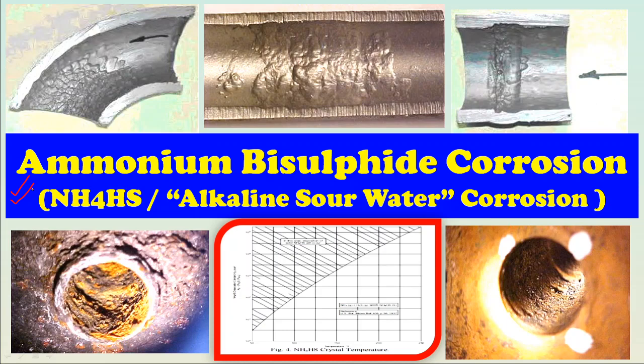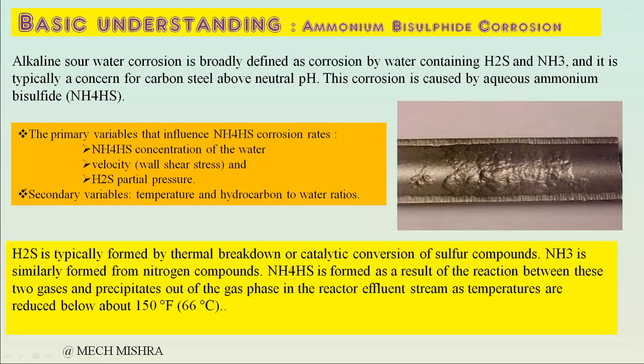It's a very damaging mechanism, but the corrosion rate can be easily predicted. We can easily calculate the corrosion rate based on the different metallurgies, so stay till the end of this session, and you will learn a lot of things.